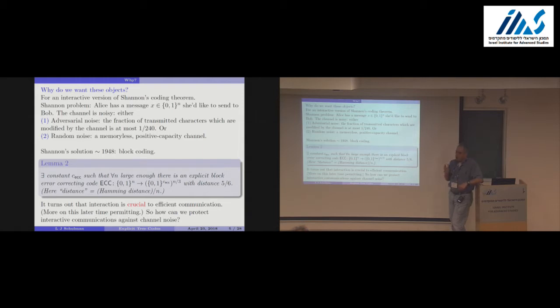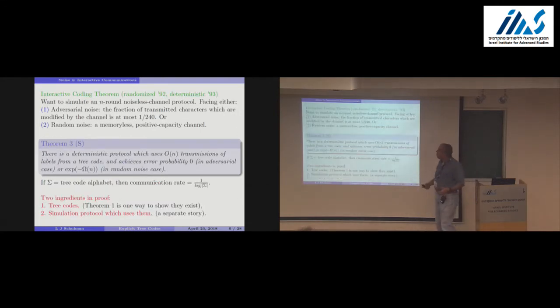And so these kinds of Shannon codes aren't good enough because you don't have a long block available for encoding. So how do we nonetheless protect them efficiently against channel noise? There's a theorem, which is now about 25 or so years old, that says we can actually do this.